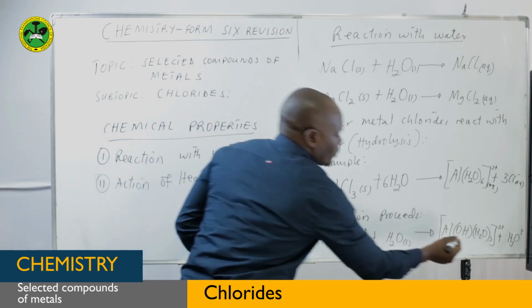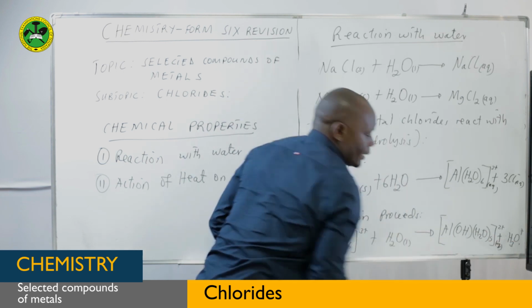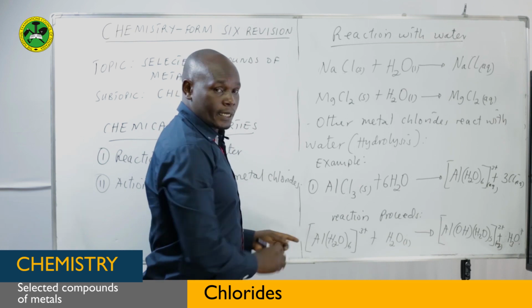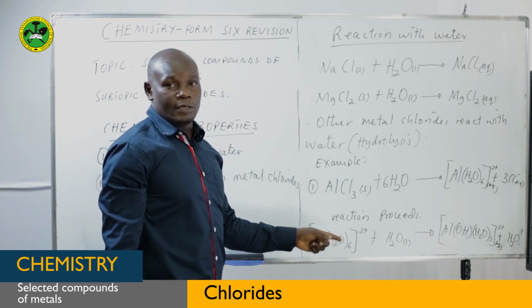So the hydroxonium ions which are released now indicate the acidic solution of aluminum chloride. So that's why you say that aluminum chloride in aqueous solution is an acidic solution.